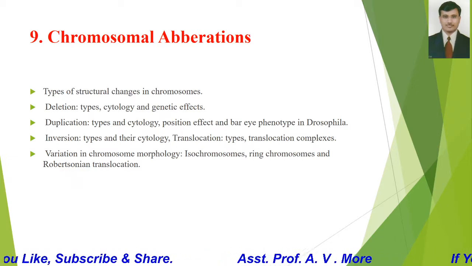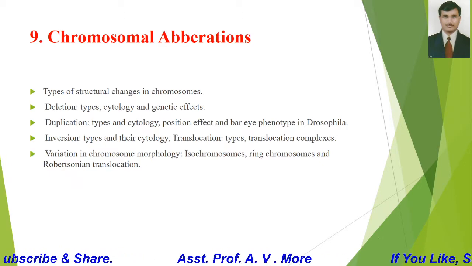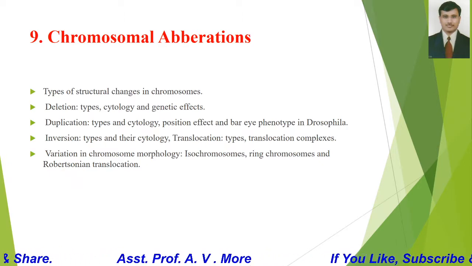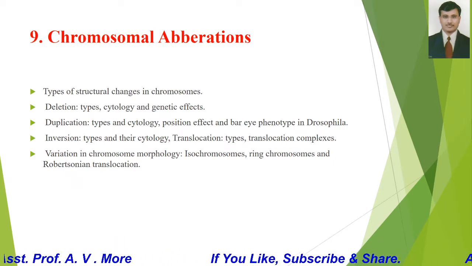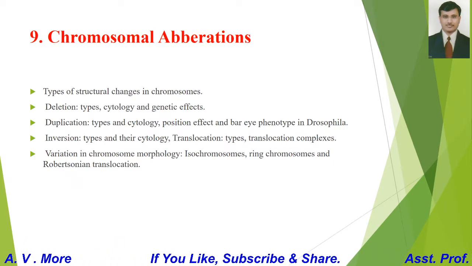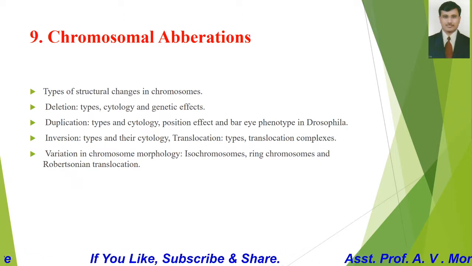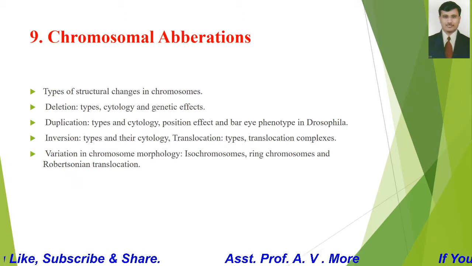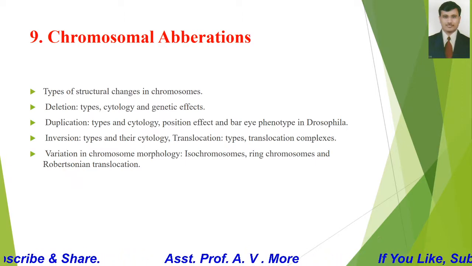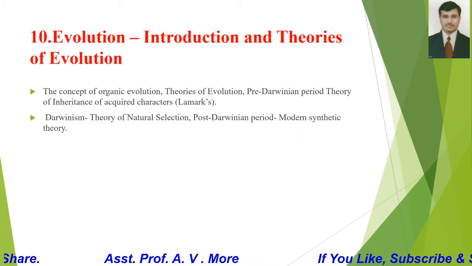Next one, inversion and its types and their cytology, translocation, types of translocation and its complexes. And next one, variation in chromosome morphology, that is isochromosomes, ring chromosomes and Robertsonian translocation. So all those points we have to study in unit number 9.